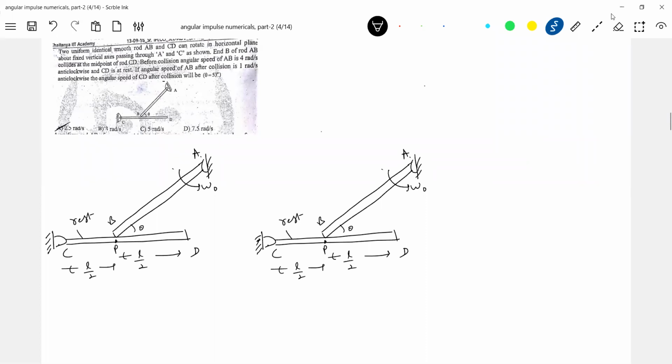Okay, come to this one. So he's telling this much is there. Omega. What will happen here? Let's see. I'll take this out because we have to show other things. Sir, omega is anti-clockwise, sir.